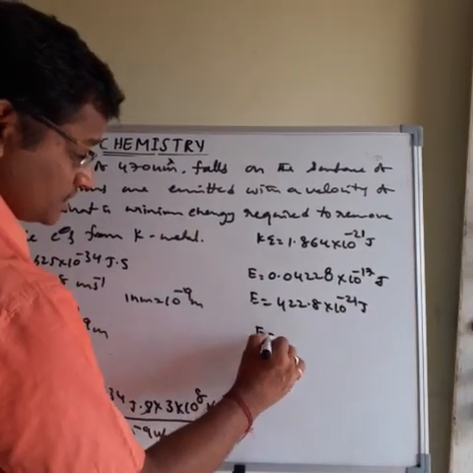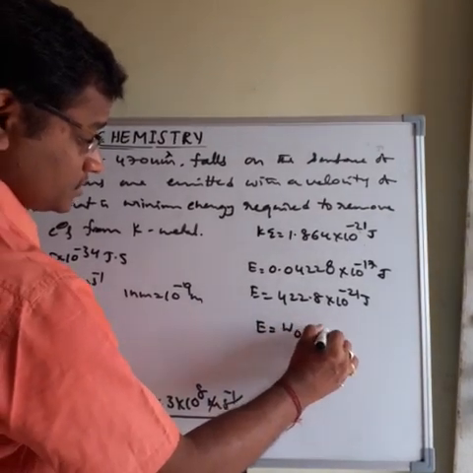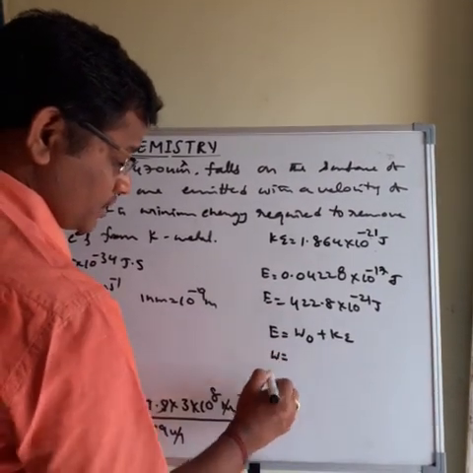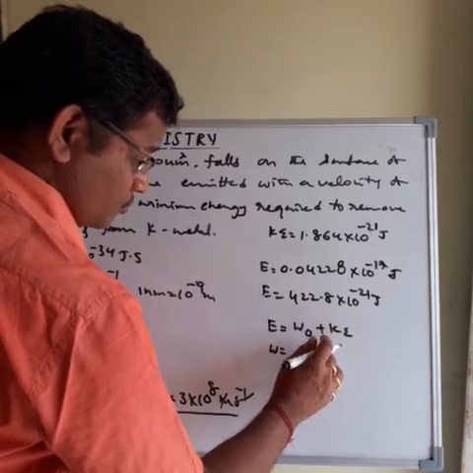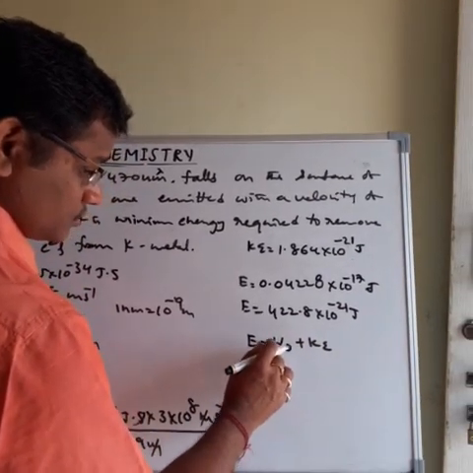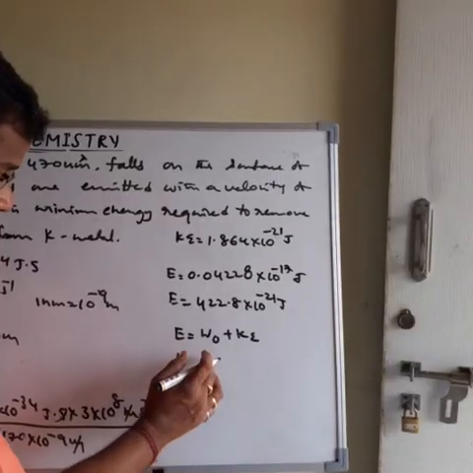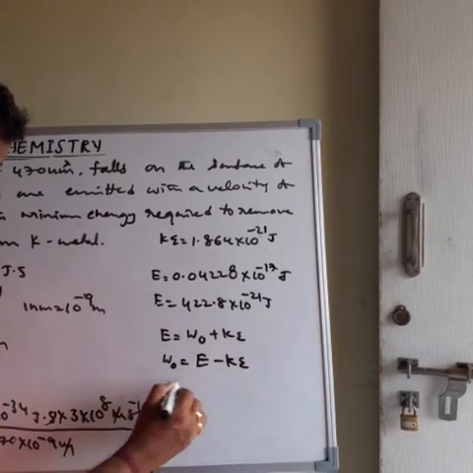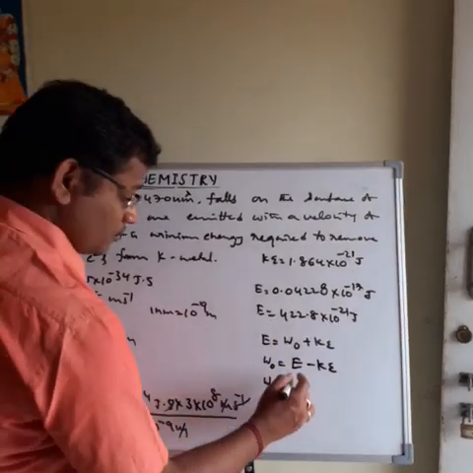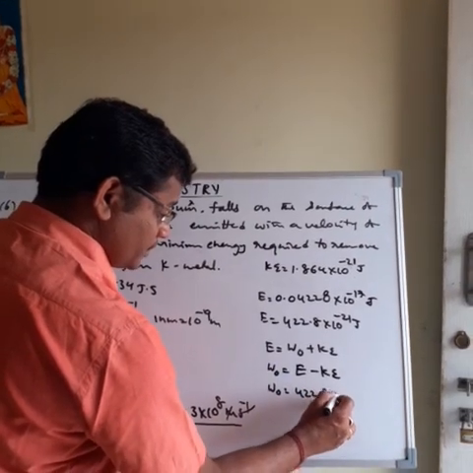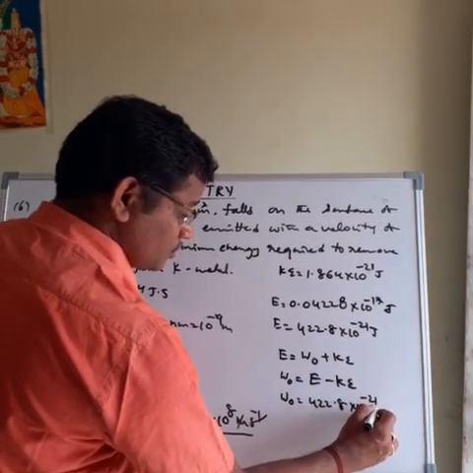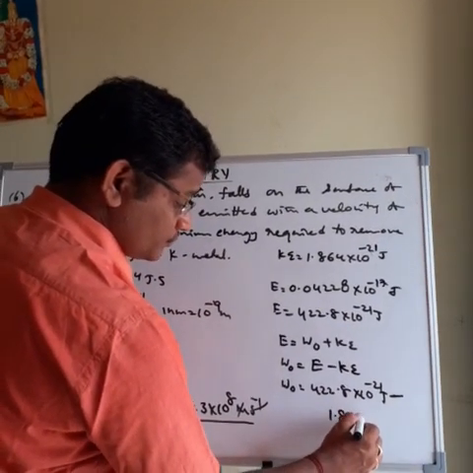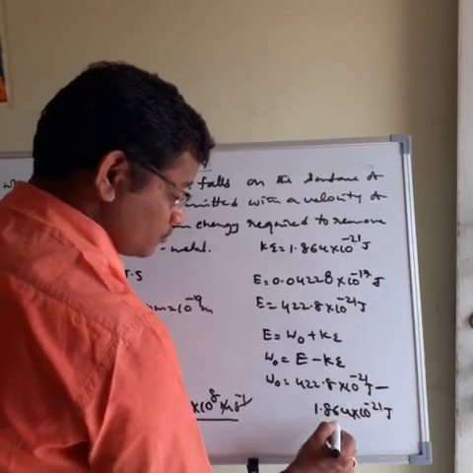Next, energy is equal to W naught plus KE. Then what is the W naught value? W naught is equal to E minus KE. What is the E value? 422.8 into 10 power minus 21 joule minus kinetic energy value 1.864 into 10 power minus 21 joule.